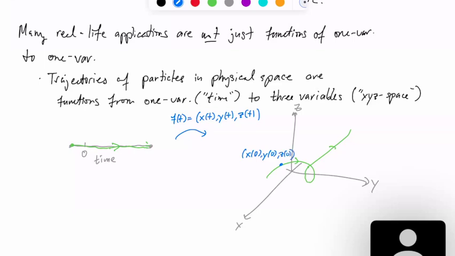At some later time, let's say at time equals 2, you're at some other point here where your coordinates are given by x of 2, y of 2, z of 2, for example.